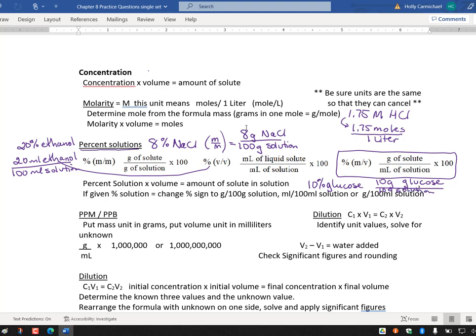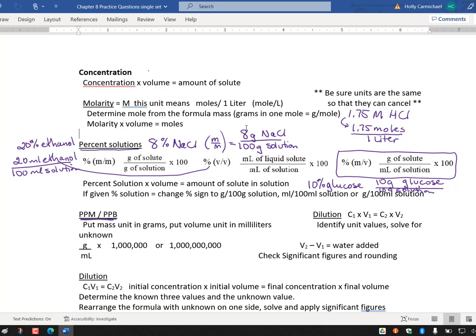Okay, so see how it's always some amount of solute divided by 100 amounts of the solution. So it might be grams, it might be mils, it just depends on which type it is. So always take the percent and convert it back.